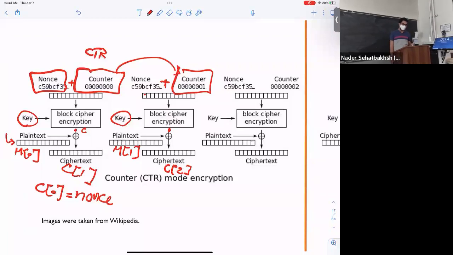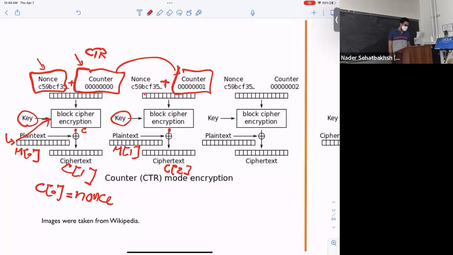Okay? So we're not directly feeding the message into our block cipher encryption and getting the results. With this trick, we start with some nonce and some counter, we encrypt that and we XOR that with our plaintext. And that's the difference between what we normally get from ECB and a method like CTR. Okay?